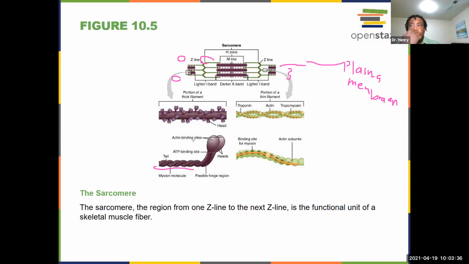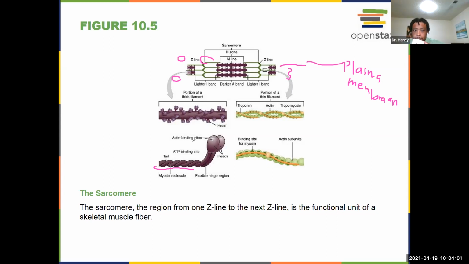Now this process is regulated by ATP and also calcium. The calcium ion is necessary for muscle contraction. So your levels of calcium in your body need to be controlled and regulated. There's going to be calcium homeostasis, which we've talked about before. You guys remember that?